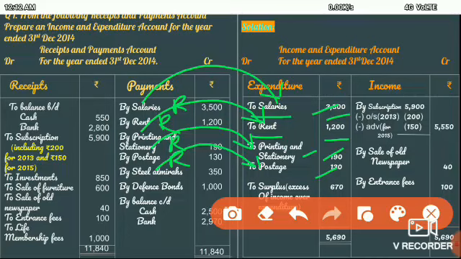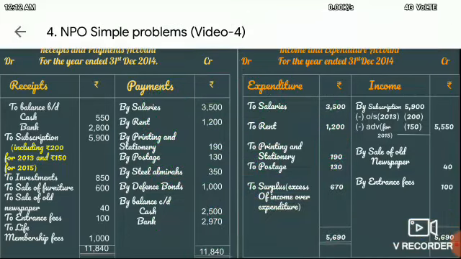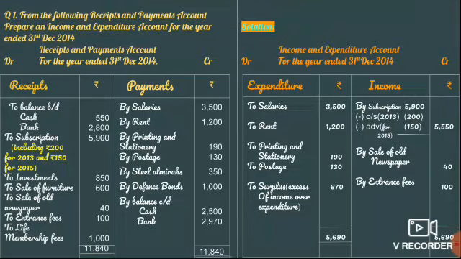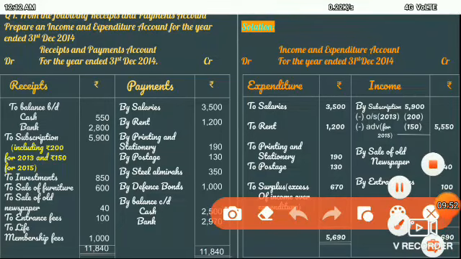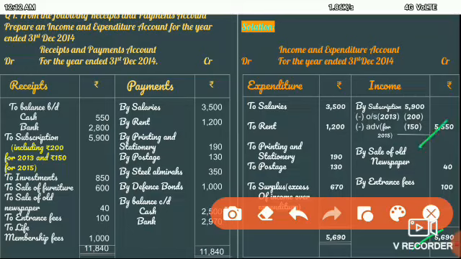After taking all the incomes and expenses, we compare both sides, whether the incomes are more or the expenditures are more. After adding the income side and the expenditure side, we find that the income side is greater. So we will write 5,690, after adding 5,550, 40 and 100.